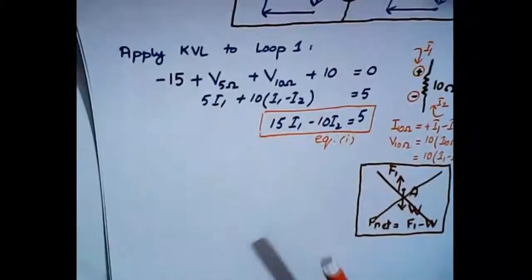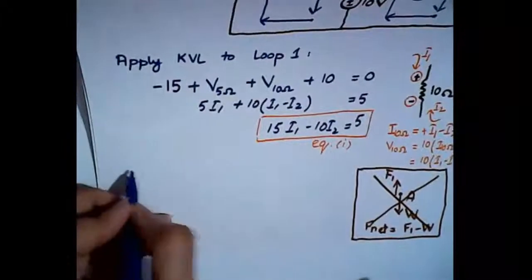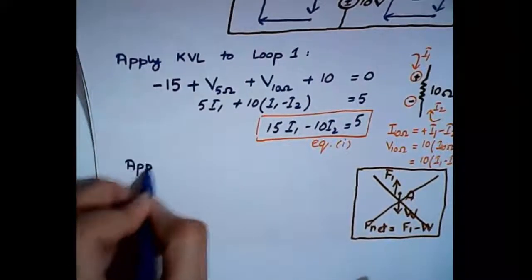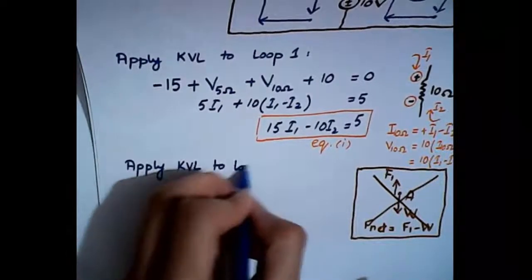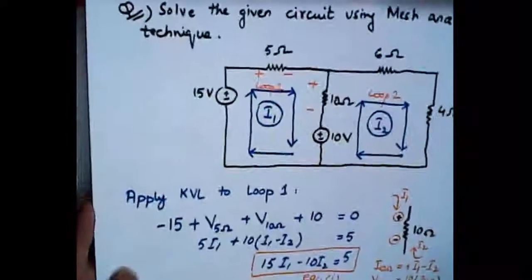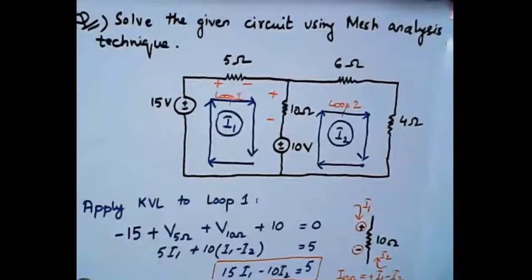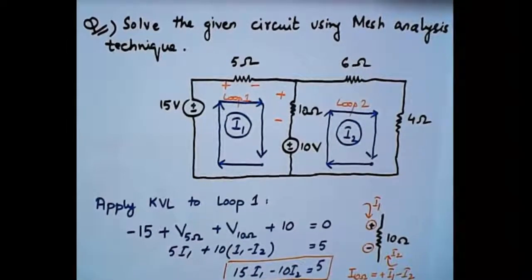And now coming towards loop 2, let's apply KVL to loop 2. Now again we need to see a few things, since this is our very first question of this topic. Coming towards loop 2, first of all we need to assign the polarities to this loop, right?